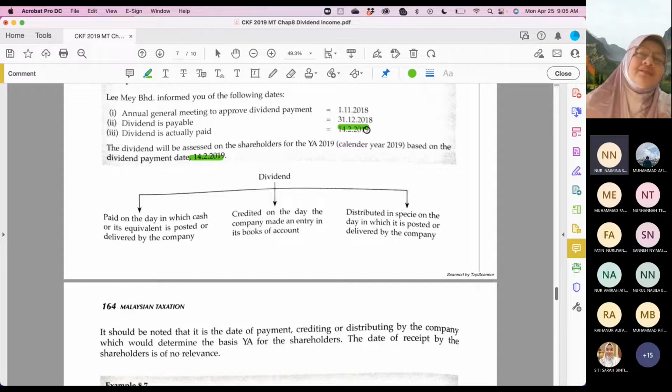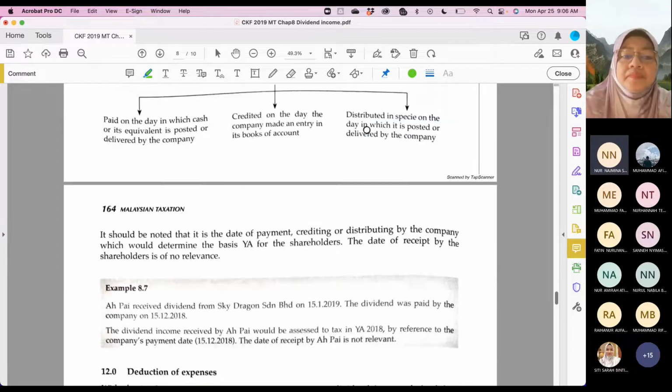But previously, there was some time lag, whereby the company paid a dividend and issued a dividend voucher to the shareholders, which was then posted to them. It doesn't matter when you actually receive the dividend voucher, but you have to look at when the dividend is actually paid by the company.